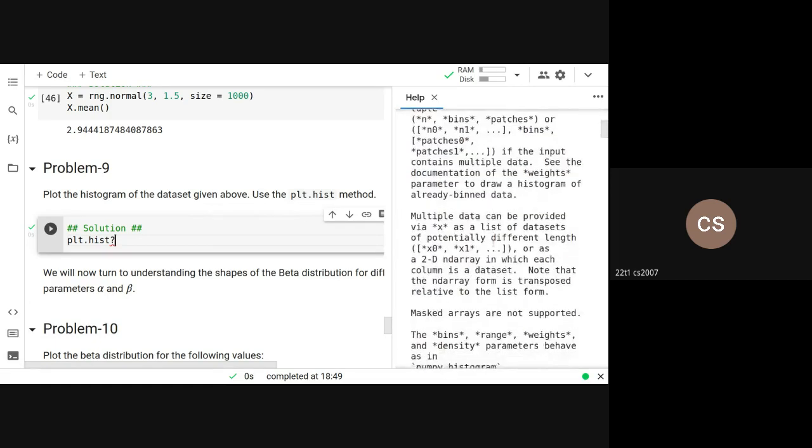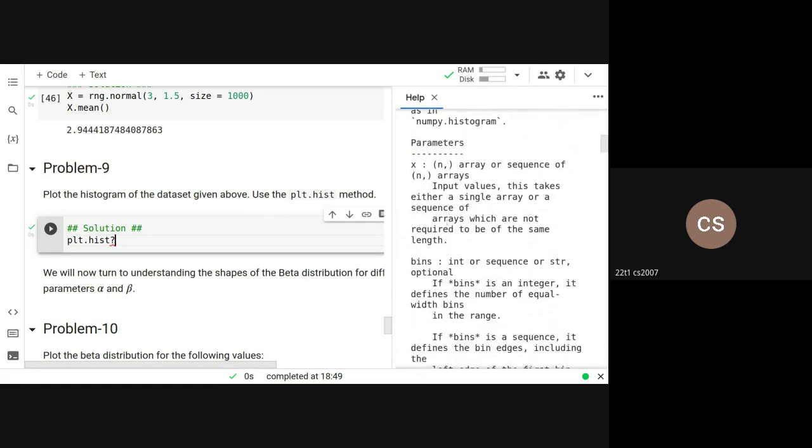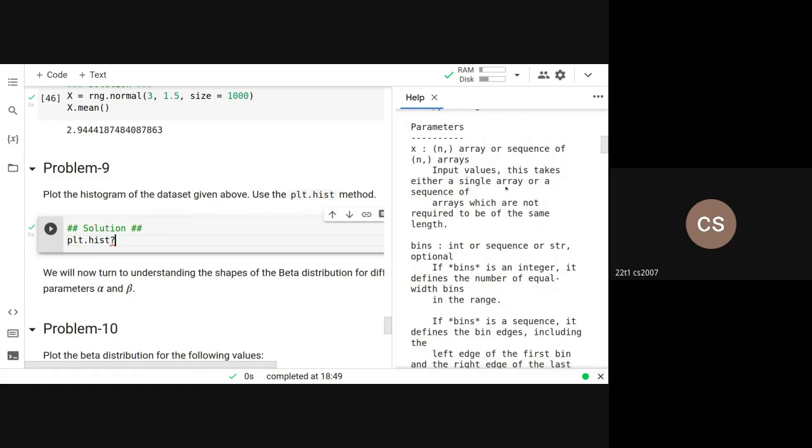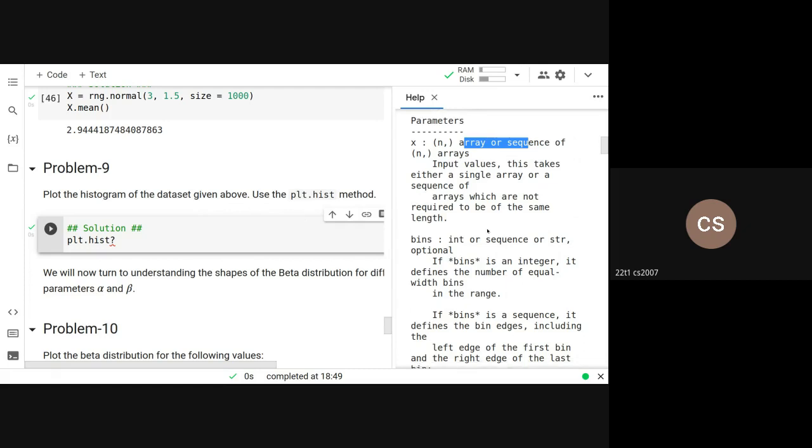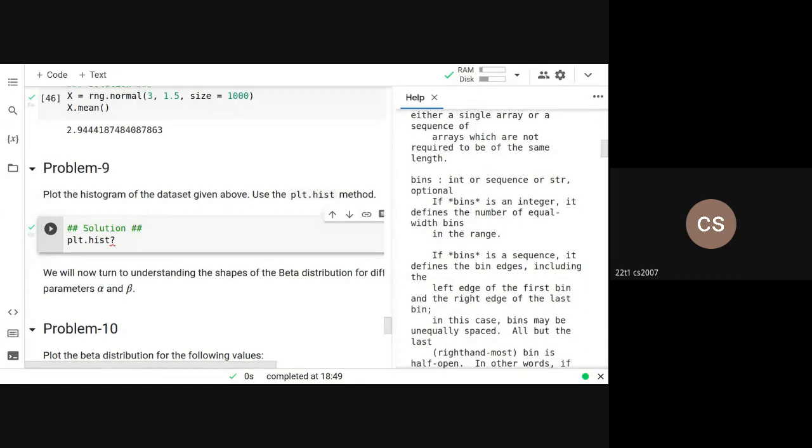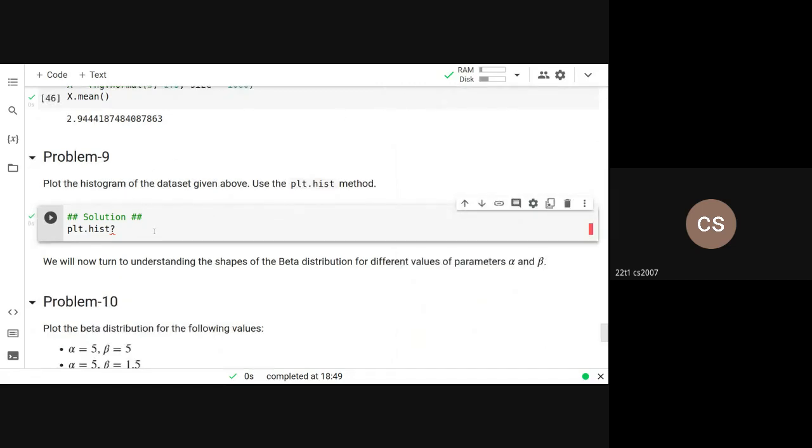If you go down to parameters, you will see that x is simply the array or sequence of data, and bins is the number of bins that should be there. It will become clear in a moment what the bins are. So I'm just going to go ahead and do plt.hist of x.